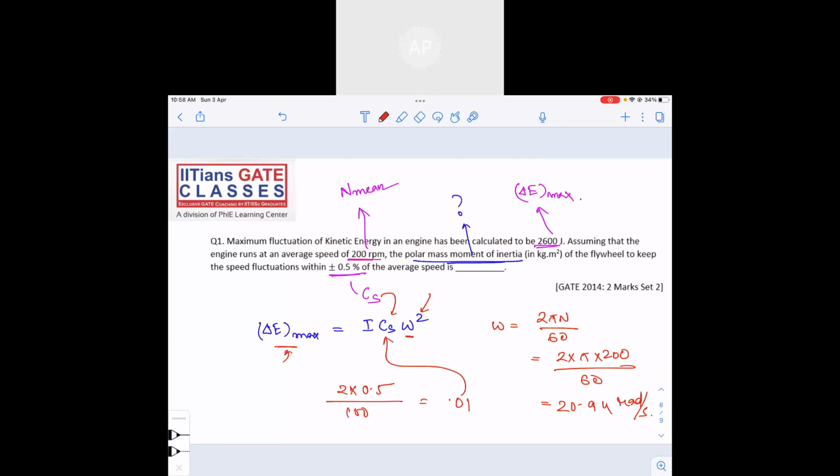The value of delta E max is 2600 joule. Now all the units are in SI, right? Yes. So what is the value of I? 2600 divided by 0.01, divided by 20.94 whole square.